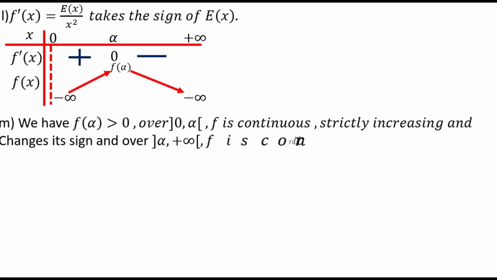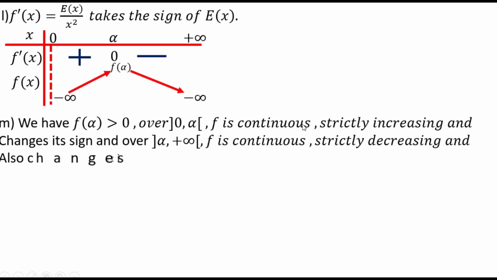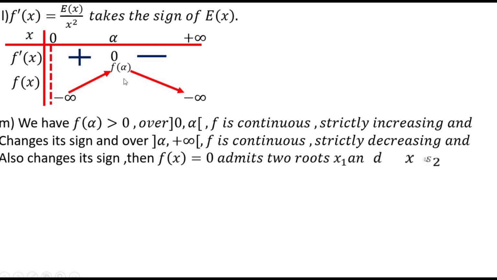F of alpha is positive because f of alpha is approximately equal to 0.23. Here the function is increasing between 0 and alpha, from negative to positive. Then the curve cuts the x prime x axis, and over alpha plus infinity from positive to negative, the curve cuts the x prime x axis. Then the equation f of x equals 0 admits two roots.